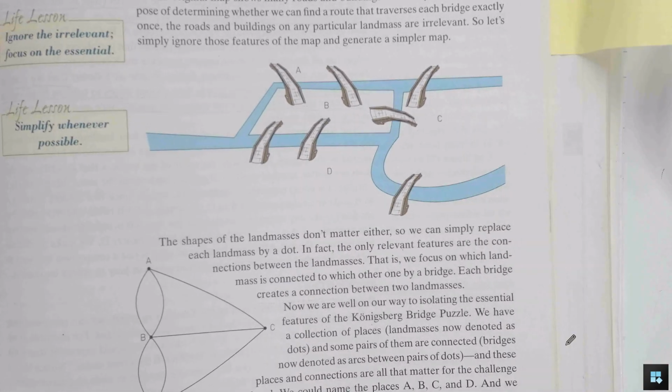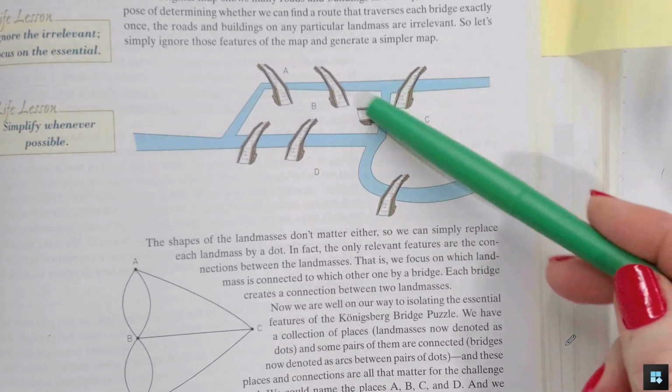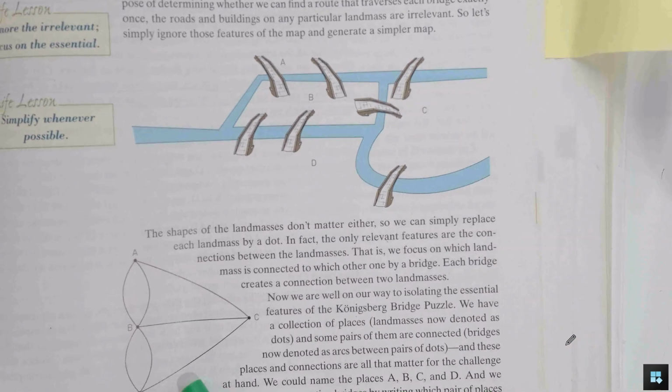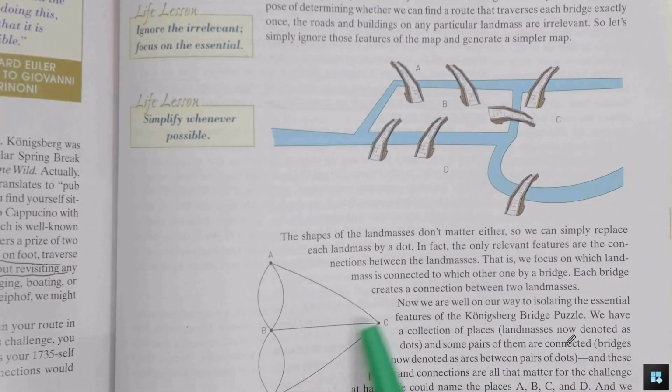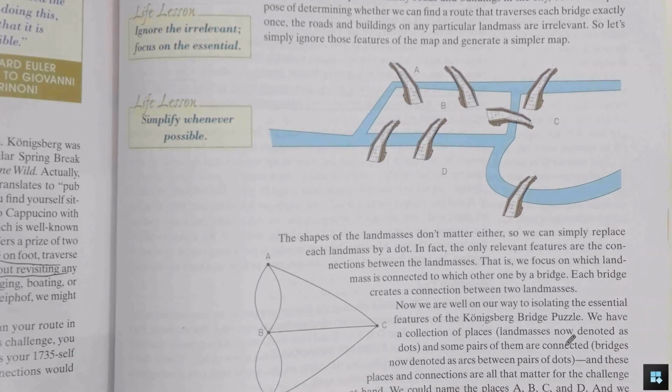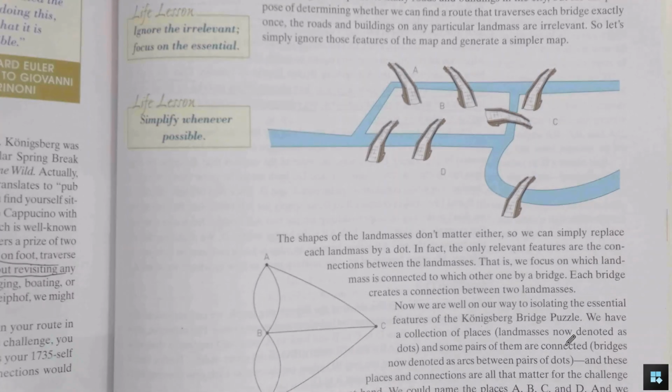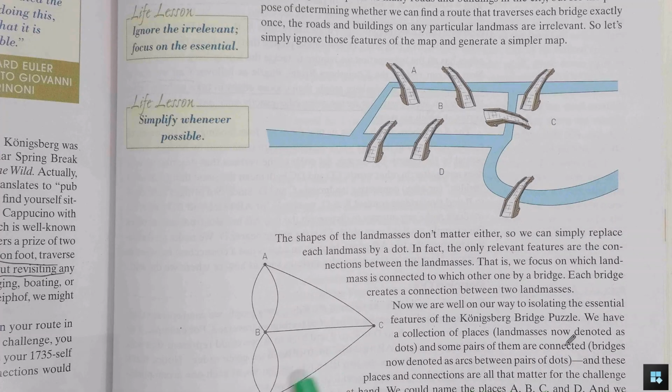Well, Euler's brilliance led him to take these 7 bridges and distill them into their basic structure, which is points and lines. And that's why this becomes graph theory. Graph theory distills things into points and lines.